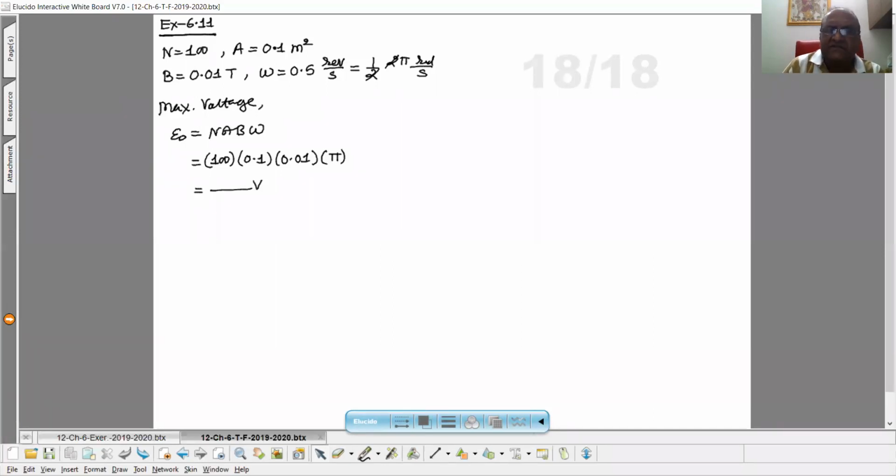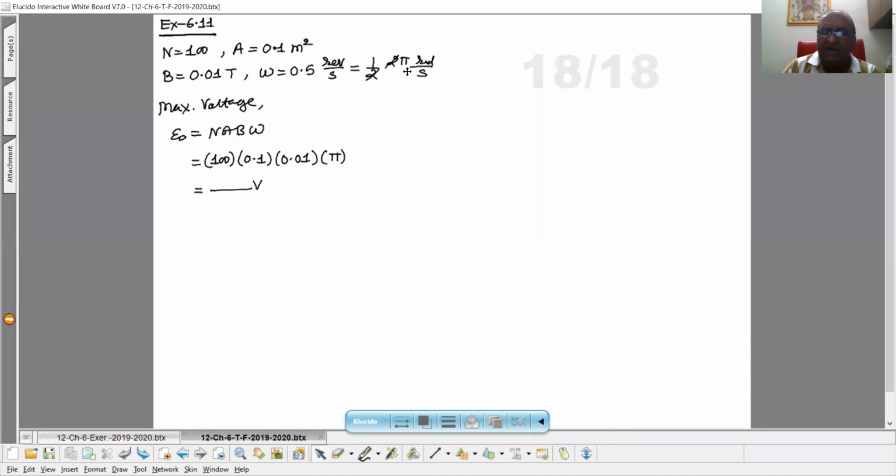Total number of turns in the coil, that is 100. Area, that is 0.1 meter square. The magnetic field in which it is placed, that is 0.01 Tesla. And the angular speed with which the coil is rotated, that is 0.5 revolution per second. So convert it in radian per second by multiplying with 2 pi.